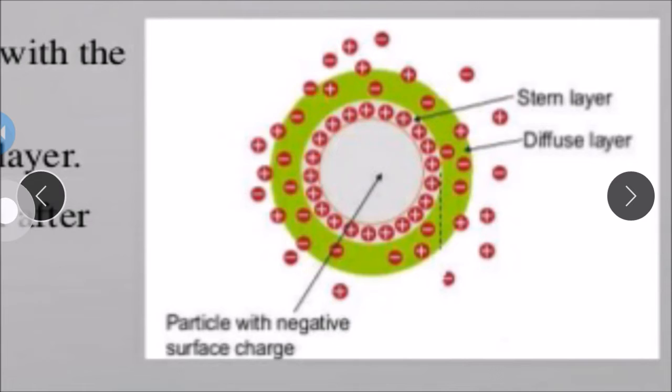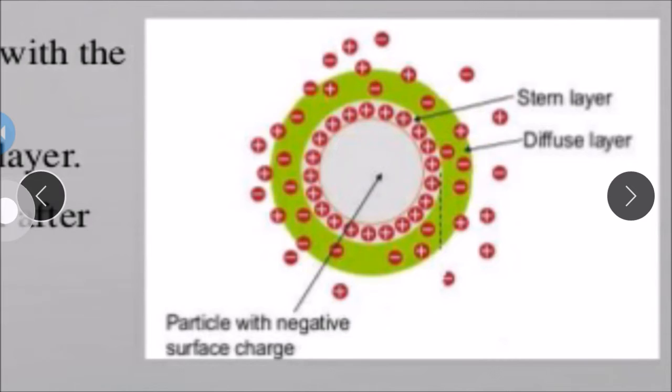We can see the model again there. This layer is called the diffuse layer, which does not form a regular pattern like this. We cannot find continuous ions there, so that is called a diffuse layer. And sometimes we may have mixed positive and negative ions within the layer portion.